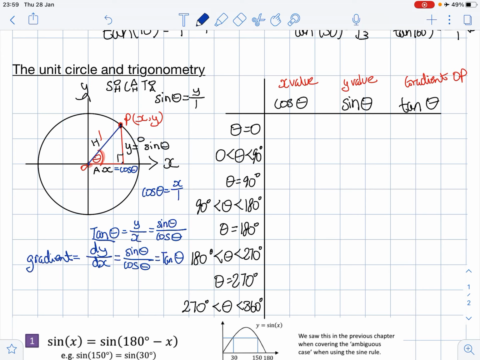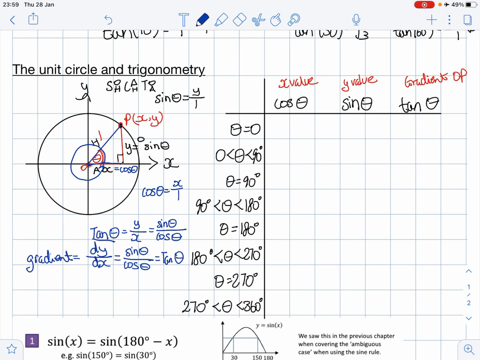When theta equals 0, another really important thing is that when we're measuring the angles, we always measure anti-clockwise. So start from 0. When theta is 0, our cos theta is this point here.